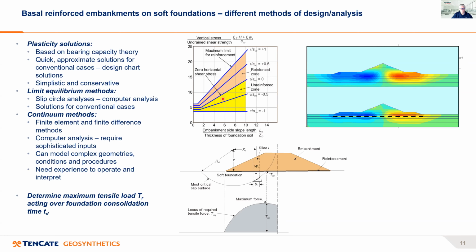And then you can quickly compare the two different cases for these charts. These plasticity solutions are pretty simple, they're simplistic, and they give conservative results. So for doing a quick design on the back of a beer coaster, for example, these sorts of charts are all pretty helpful as far as that and working out what an initial costing could be.